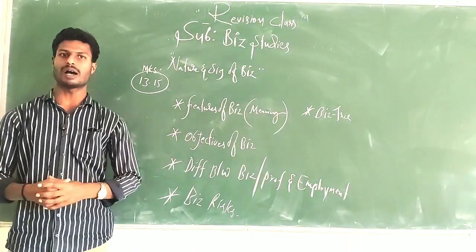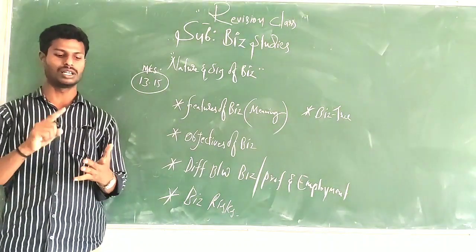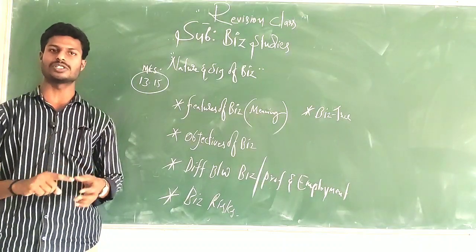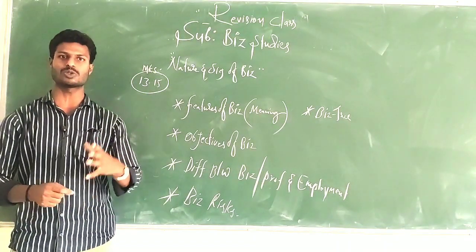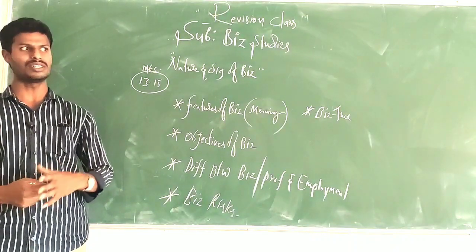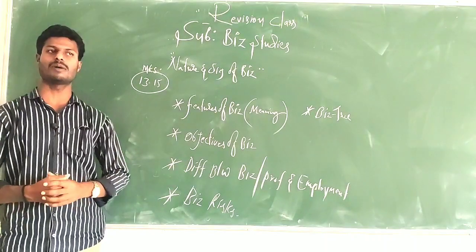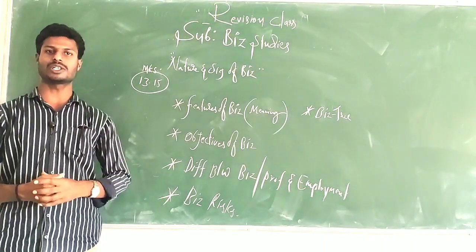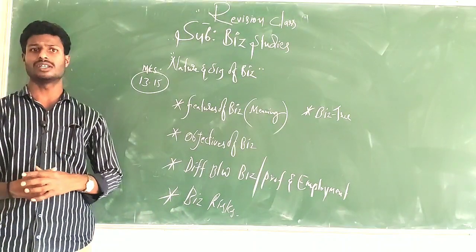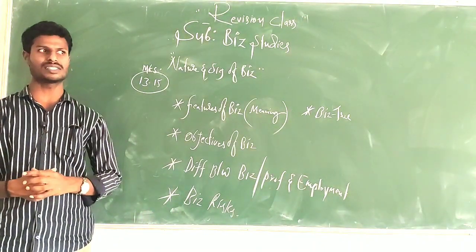Come to the economic objectives: earning profit, survival, growth and development of the business organization, inventions, innovations, market share, market leadership. These are the best examples. Even improving productivity. These are the economic objectives of the business organization. Come to the personal objectives. Personal objectives are for the welfare of employees: to retain employees, to satisfy employees, to increase employee morale towards the organization.